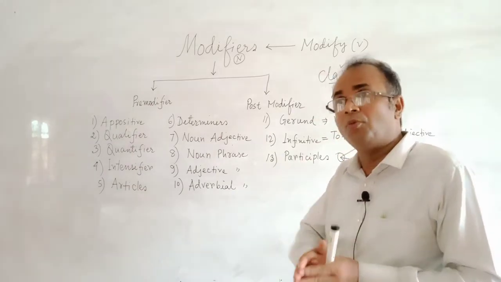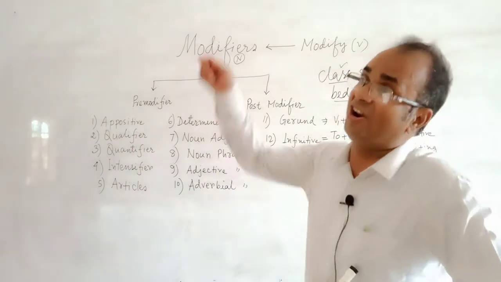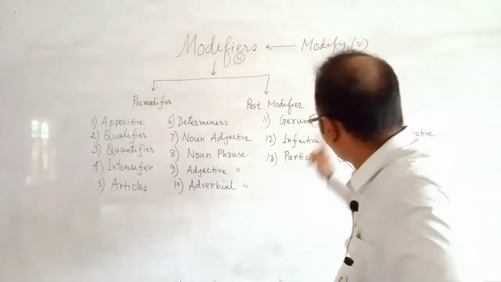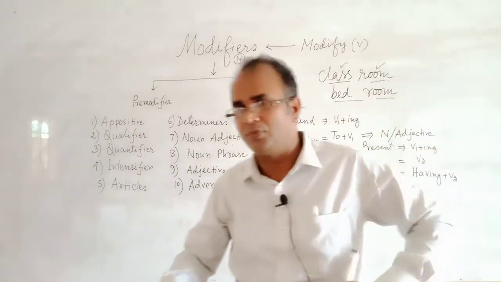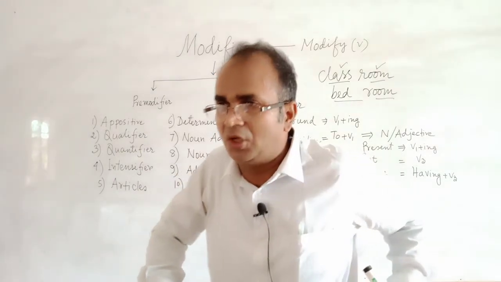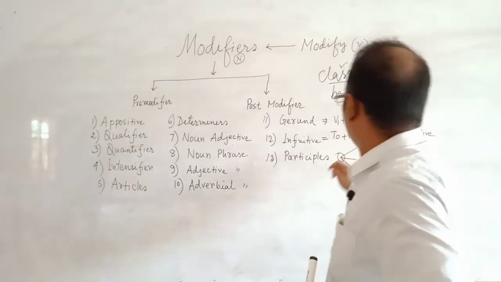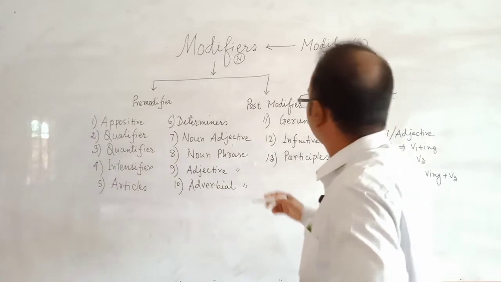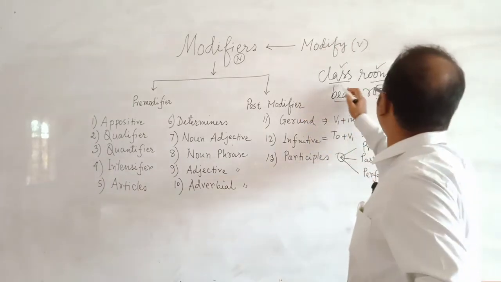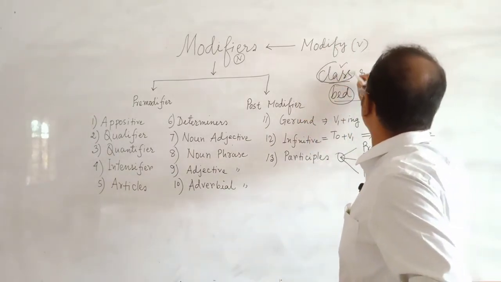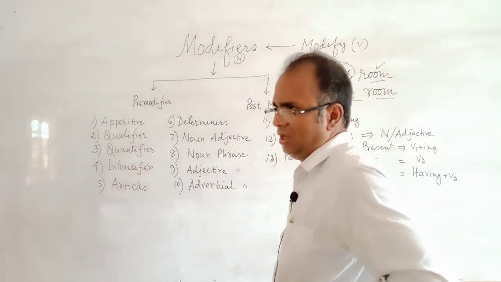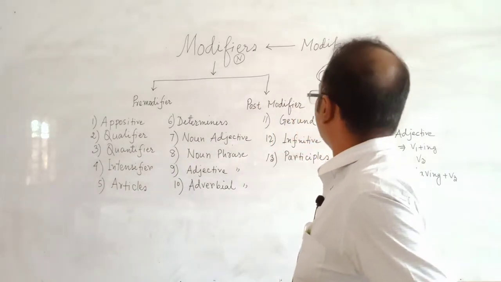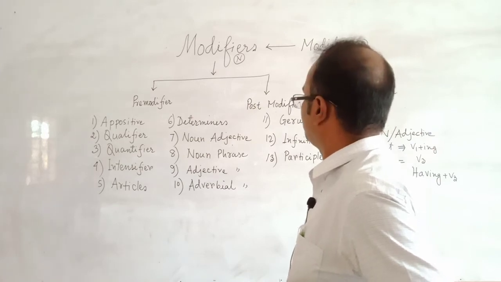A noun modifies another noun and turns into an adjective. That is called noun adjective. Okay? Very, very important. Here, bed is a noun adjective, class is also a noun adjective. There are many, many examples in your books. You should practice it.